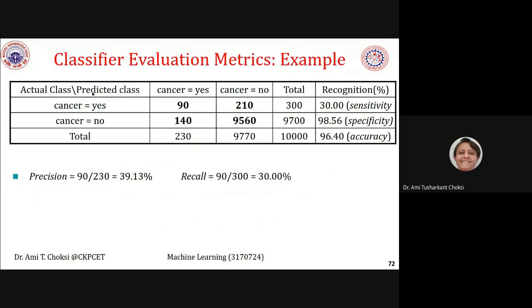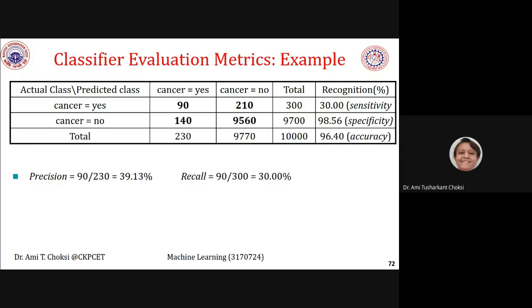If this is the example I was talking of, it has actual and predicted class. From that we have to find the parameters, that is, the evaluating parameters of the model. They are accuracy, sensitivity, specificity, precision, recall, and many more.